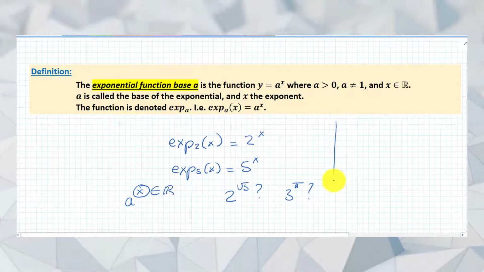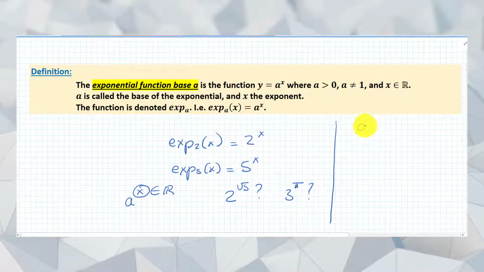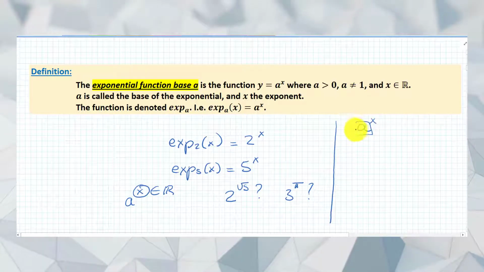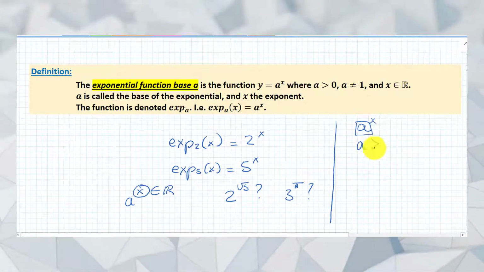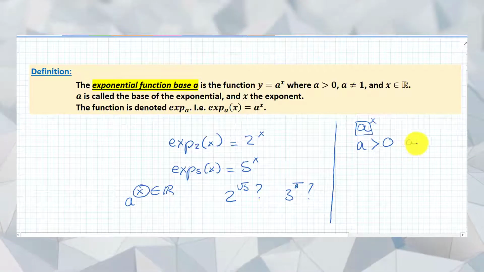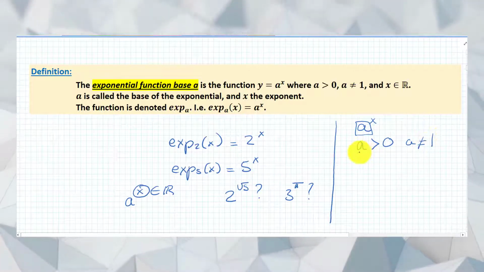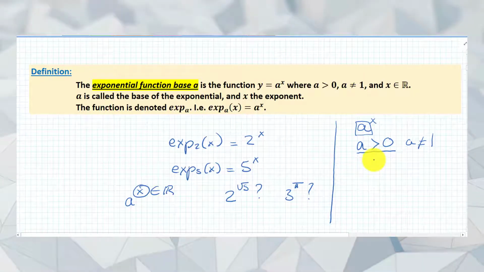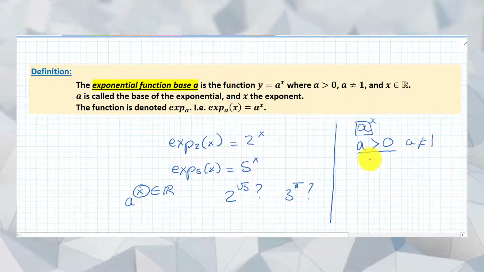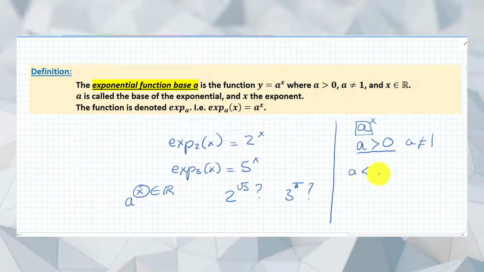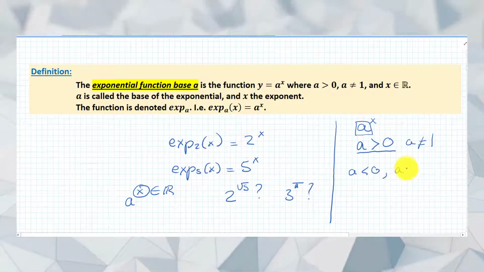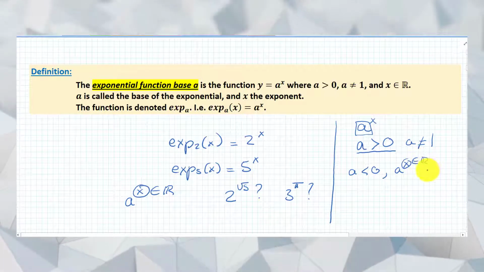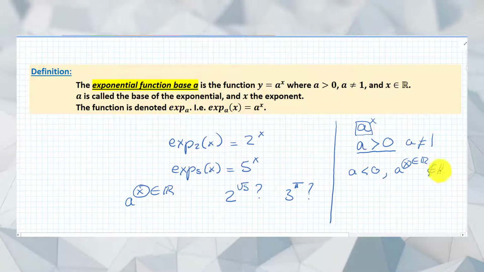The second remark is about the base a. We have to assume that in the exponential notation, the base a is positive and different than 1. Let me first focus on positive. It is important to assume we take a positive number, because if you take a to be negative, then sometimes an exponential with a real exponent could be not real.